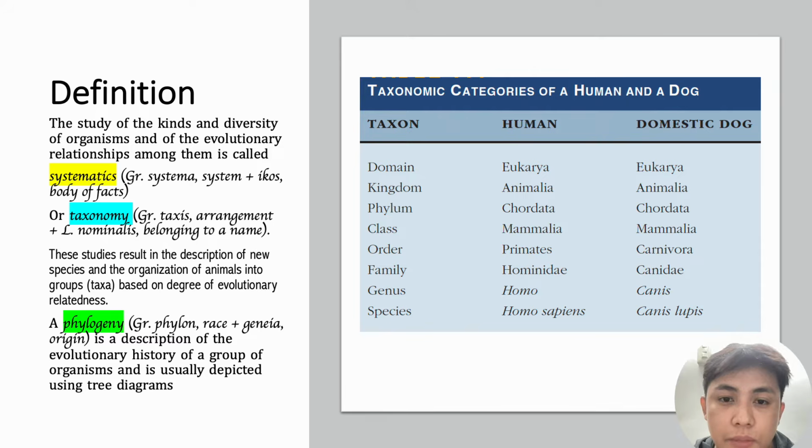The order for human is Primates, while for the dog is Carnivora. For the family, they have Hominidae for humans and Canidae for the domestic dog. While for the genus is Homo for humans, Canis for the domestic dog. And lastly, the species is Homo sapiens for humans and Canis lupus for the domestic dog.